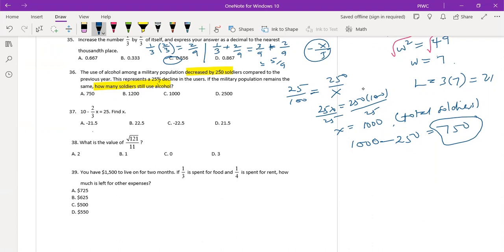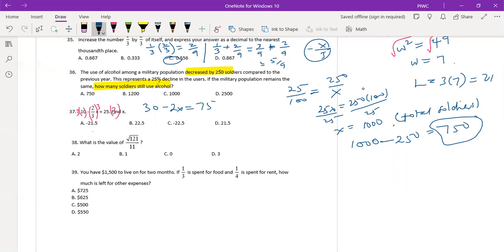And then 37, you want to find X. If there is a fraction in a question, get rid of the fraction, right? So in this question, you can multiply the whole thing through by 3. So 3 times 10, and then 3 times 25. So we end up with 30 minus 2x is equal to 75.